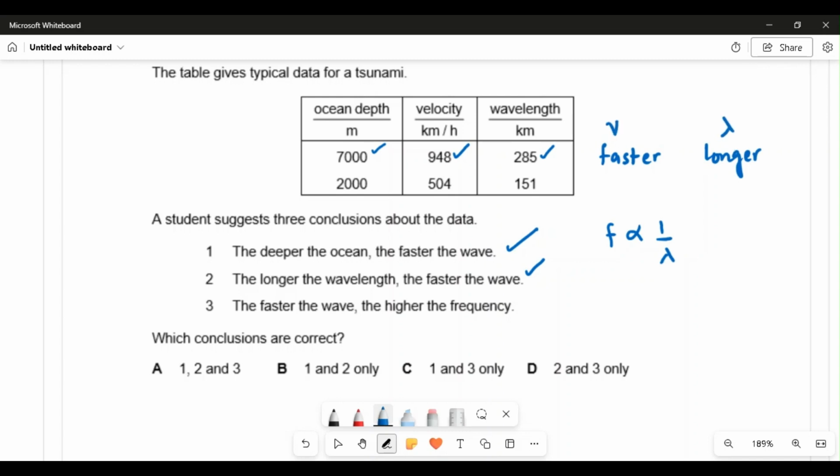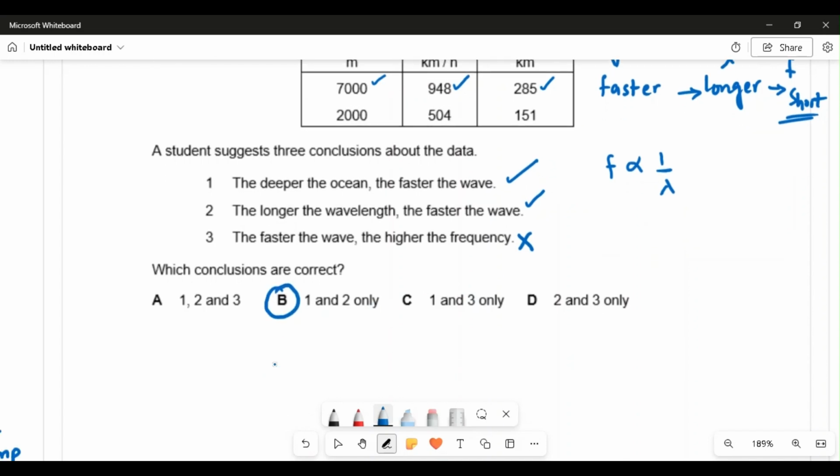Speed is faster, wavelength is longer. It means that if wavelength is longer, so frequency should be shorter, not higher. It should be lesser. So this one is wrong. So the correct option is 1 and 2 only. That is option B.